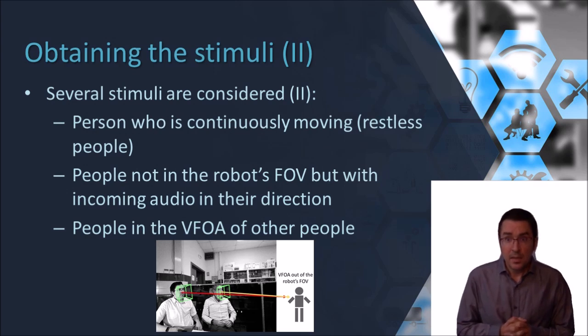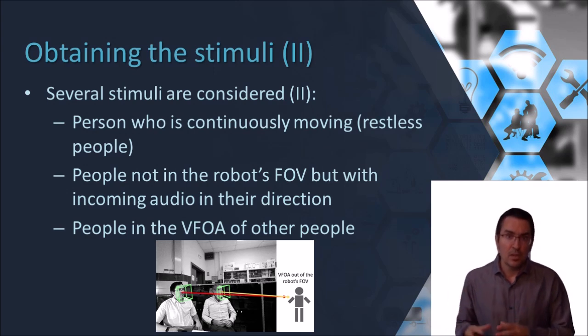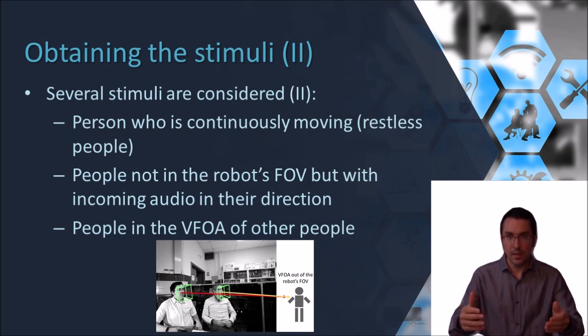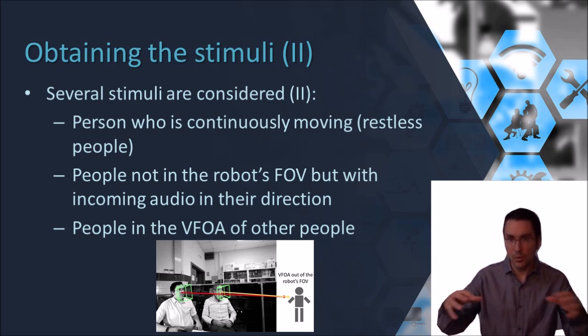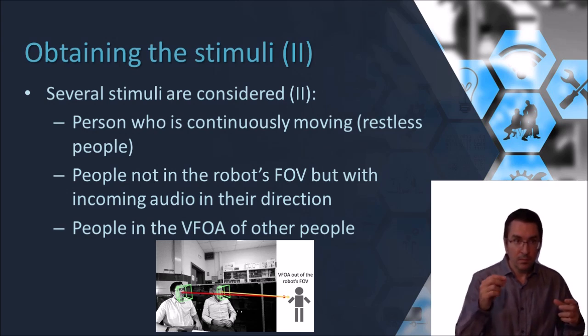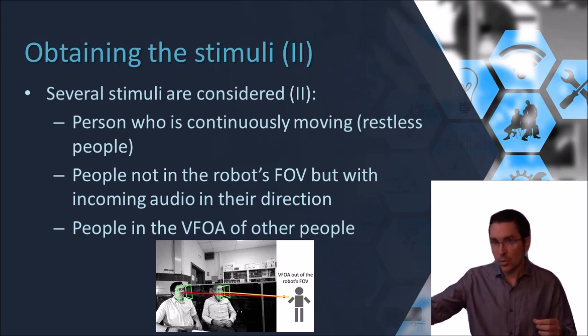In the sixth place, we analyze the visual focus of attention of other people. If the robot has several people interacting between them in front of the robot, it will check if those people are gazing directly at another person.